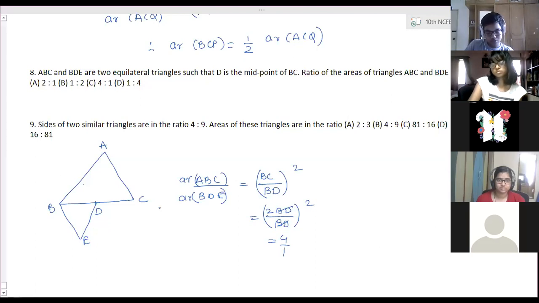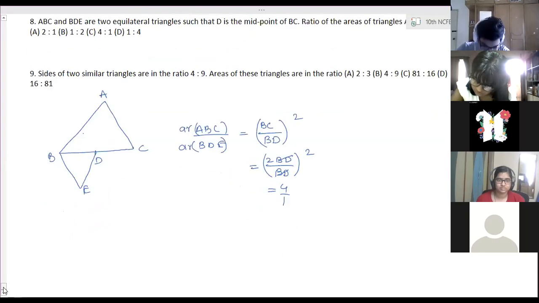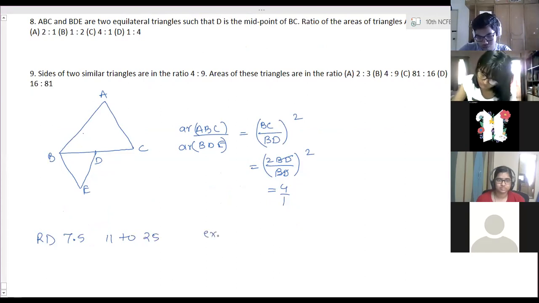Ma'am, can you repeat the question numbers? 11 to 25, except 16 and 19, which I will solve. Even 24 and 25 I need to solve.